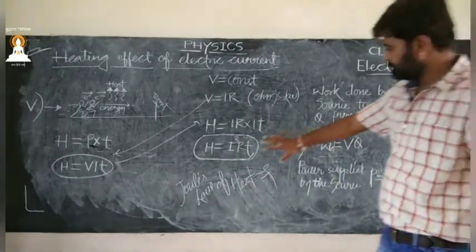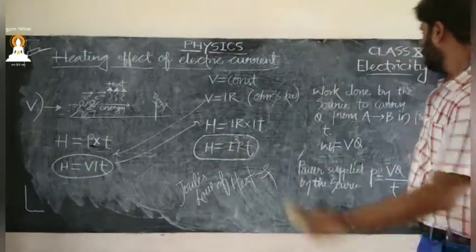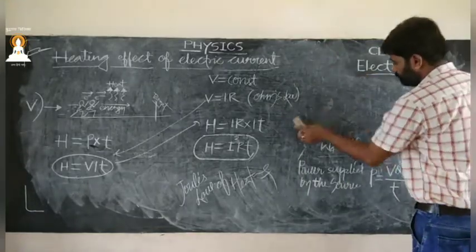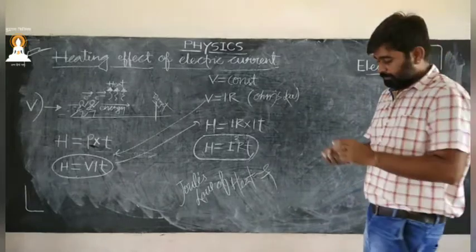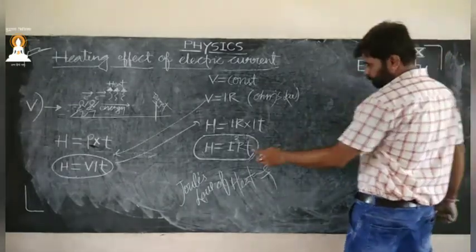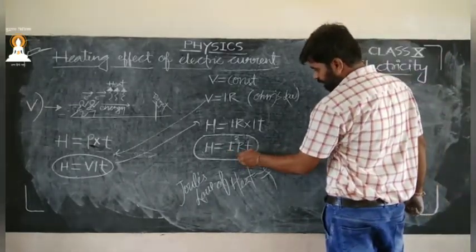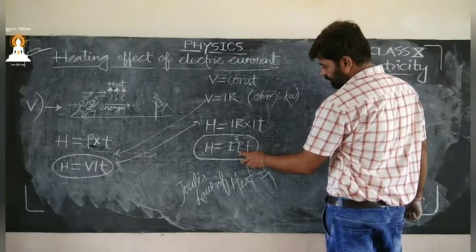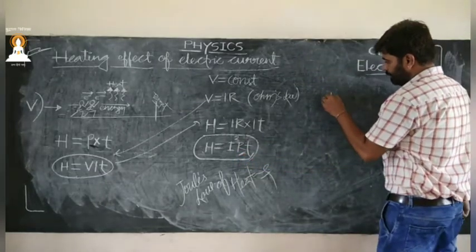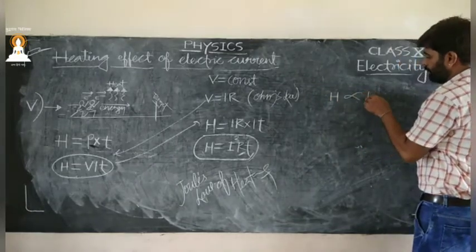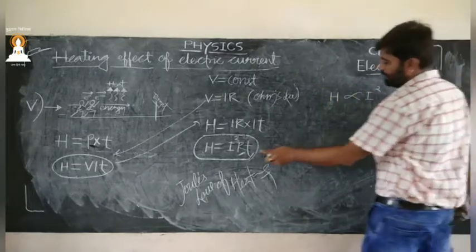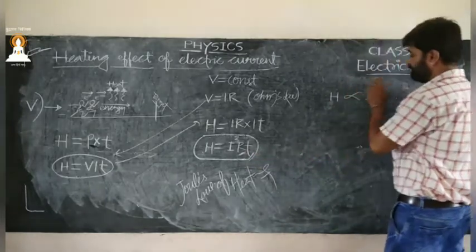Okay, remember this. Now from here we make some conclusions, and these are the important ones. See, suppose R is constant, listen carefully. If R is constant, then H will be directly proportional to I square. Time is itself a constant.